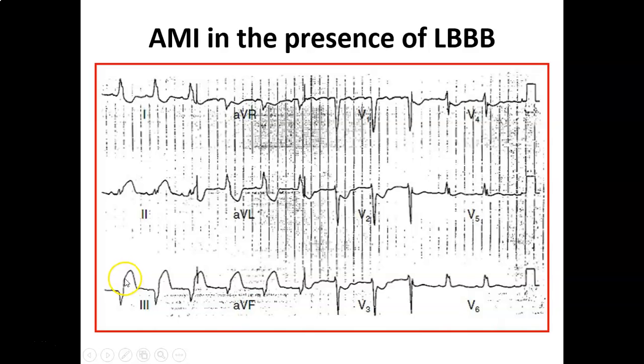You see the J point is here, more than 5 mm. And if you look at leads V2 and V3, there is ST segment depression, more than 1 mm. So all three Sgarbossa criteria are met on this ECG.